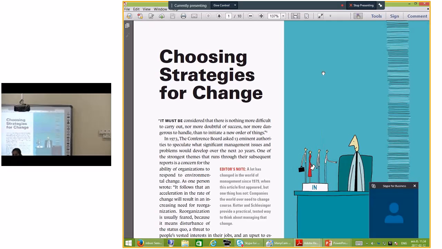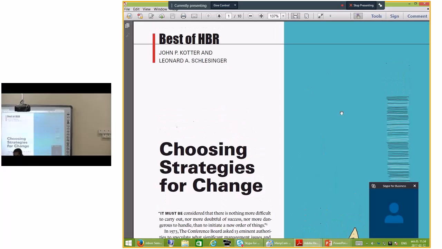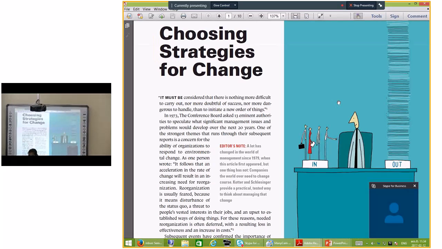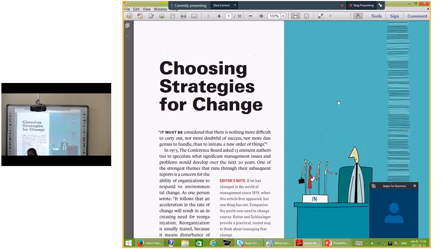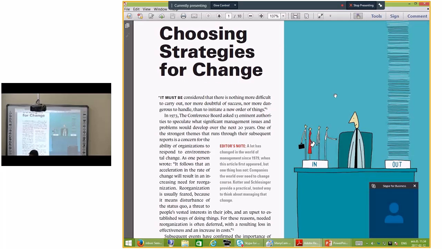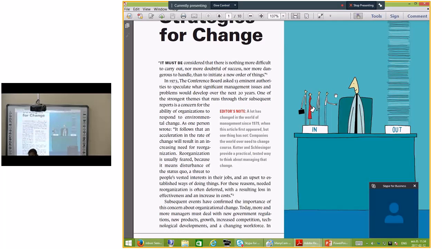Actually, this is an article again from the Harvard Business Review. This case study is based on the strategic change that happened in a particular company. So, what kind of issues they are facing and the things that they have highlighted in the case study.